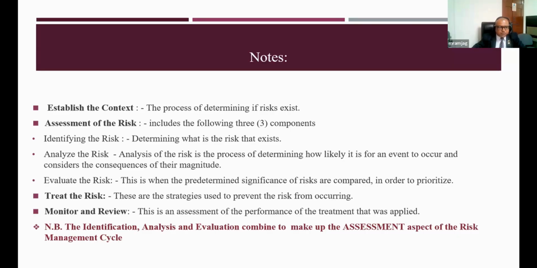Treatment of risk speaks to strategies used to prevent the risk from occurring, so we work to see how we could treat it to avoid such issues reoccurring. Monitor and review: although we know it, as I said, it's not the end. Risk management will, from time to time, review such decisions, criteria, and so forth.